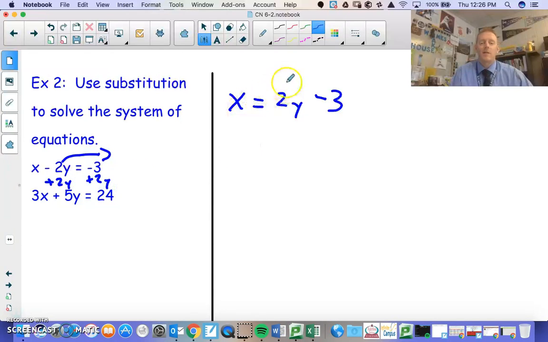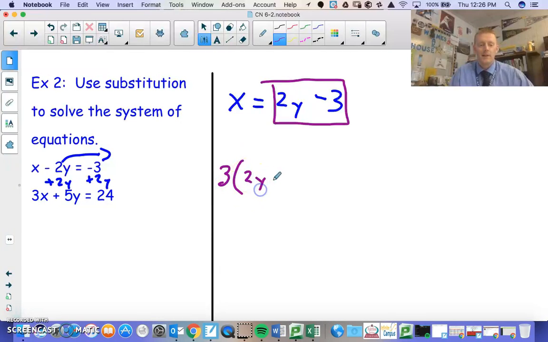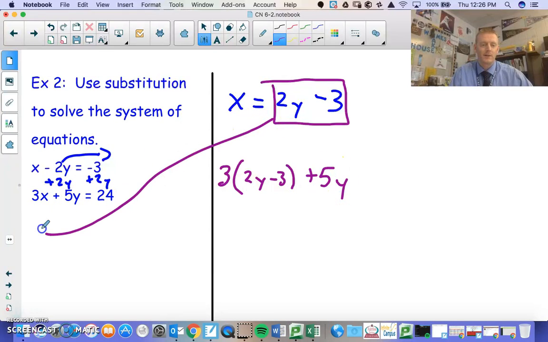So now I have this stuff, the 2y minus 3, that I can substitute in for the x over here. So it's going to say 3 times that 2y minus 3 plus the 5y in the second equation. So we're just substituting this stuff in for the x. Yep, there's the x. And then equals 24.